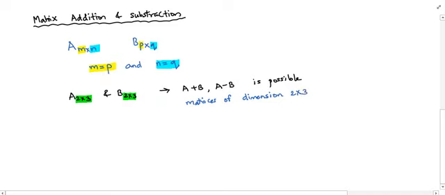If I add A and B matrices which are of the same dimension, we will get a matrix of the same dimension.